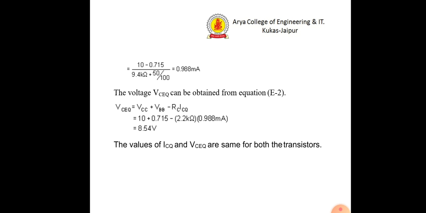After this, we find the value of VCE, which equals 8.54 volt. Hence, we have derived the value of the collector current and VCE for both of the transistors, as these two transistors are identical.